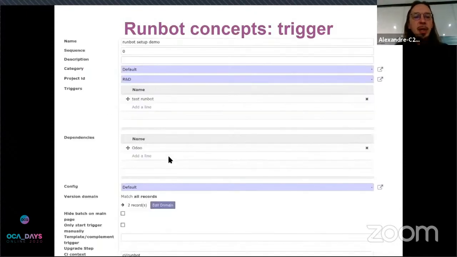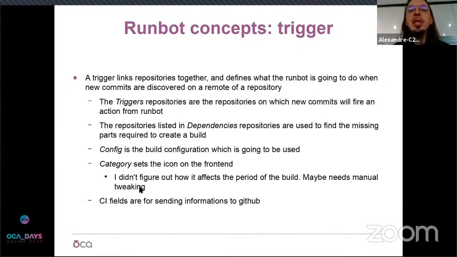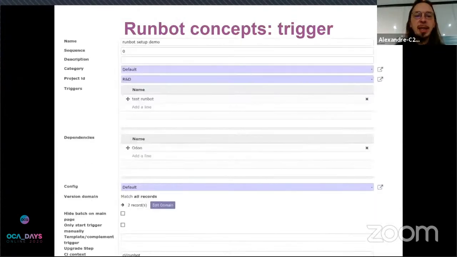Config here, default, is the build configuration which is going to be used by the builds triggered by that trigger. The category here, you have default, nightly, and weekly, which are the default categories.